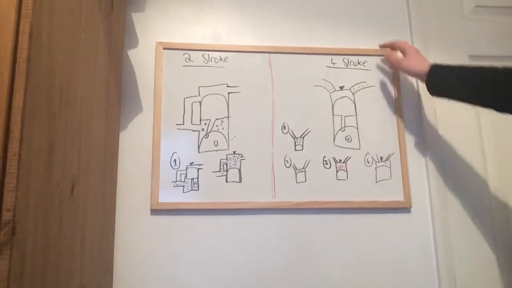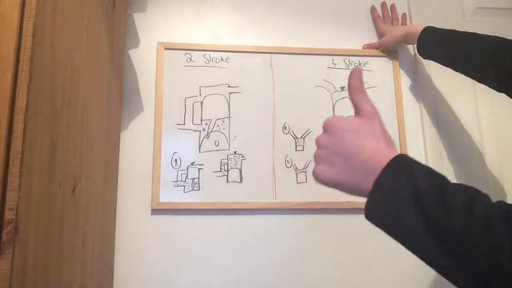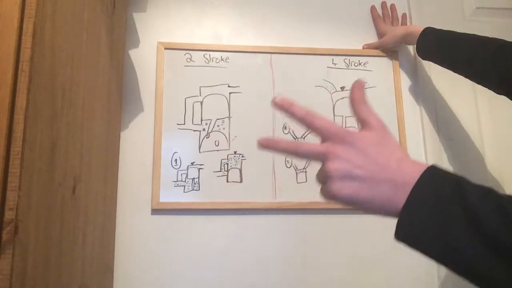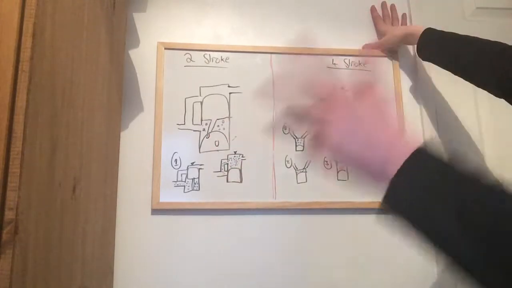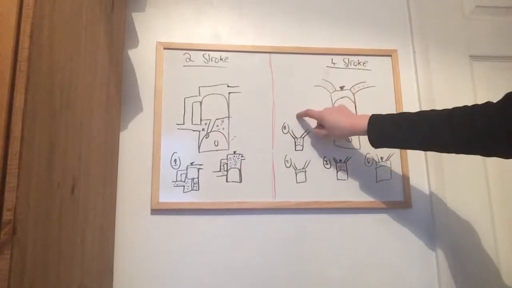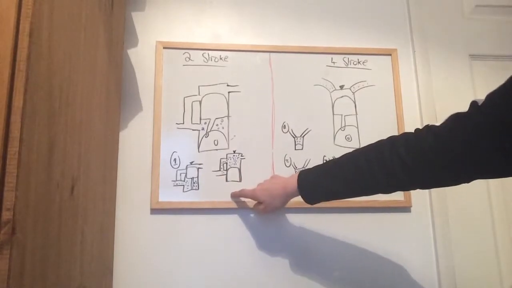Now, a four-stroke engine has four stages. It has the intake, the compression, the ignition or power stroke, and the exhaust stroke. The piston going up is called the upstroke, and the piston going down is called the downstroke, by the way.